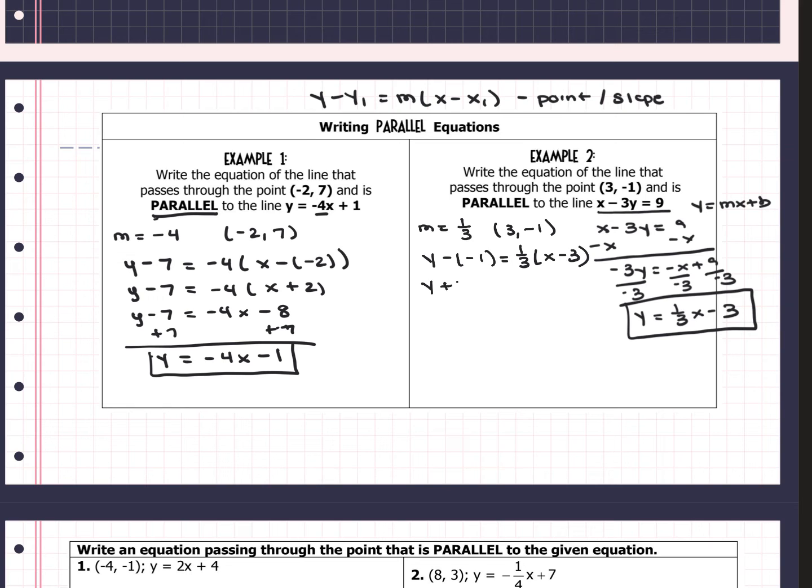So I have y plus 1 is equal to, I'm going to go ahead and distribute, 1/3 x minus 1. We're going to subtract 1 from both sides. And we get that y is equal to 1/3 x minus 2.